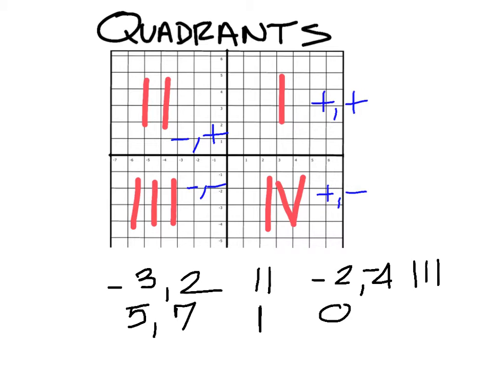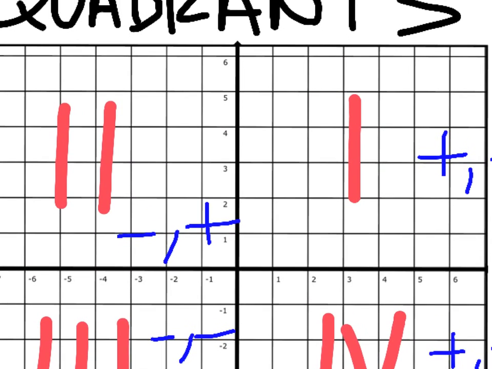What quadrant is 0, 6 in? Let's take a look at where 0, 6 would be. 0, 6 is right here. We go left or right, nothing, and then up 6. So what quadrant does that fall in?